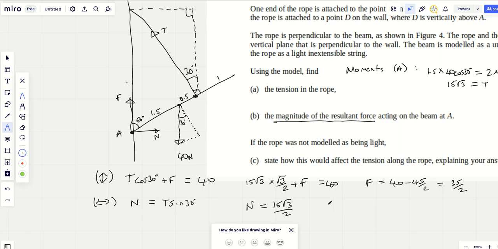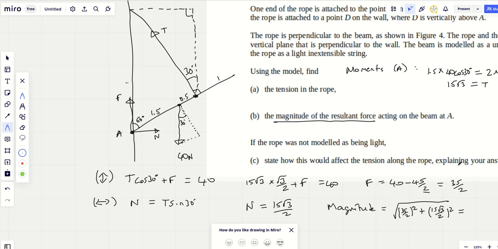Okay, right, now the magnitude is therefore Pythagoras' theorem, square root of 35 over 2 squared plus 15 root 3 over 2 squared, square rooted, and what does that come to? Let's have a little tap on the calculator.